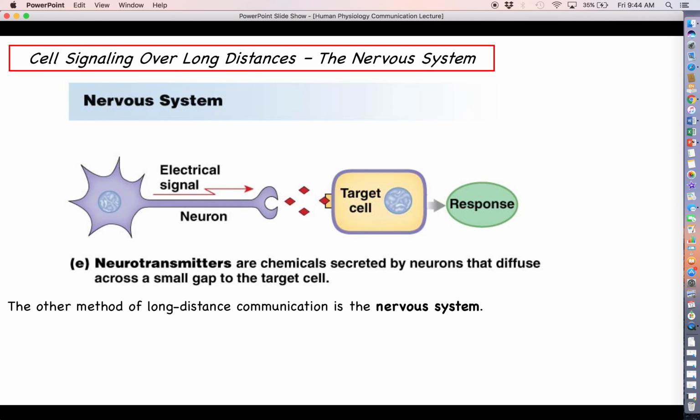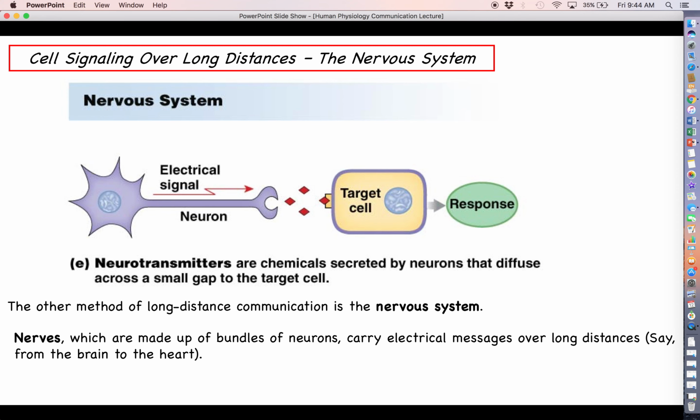So other than the endocrine system, our other major method of achieving long-distance communication is by using the nervous system. So the idea here is that rather than using the blood to convey long-distance messages, so rather than having a hormone being carried long distances by using the blood, we are going to use nerves.